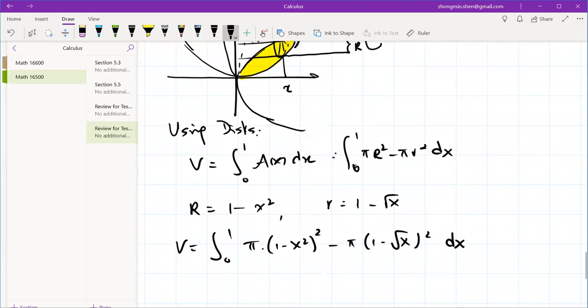You must draw the picture. Let's repeat again many times. You must draw the picture. You must indicate what is R, what is little r, what is capital R. Express them in terms of x. Cannot just put the integral there. Okay. And this is partially correct. It's hard to tell if this is correct or not. If you make a bigger machine, right?